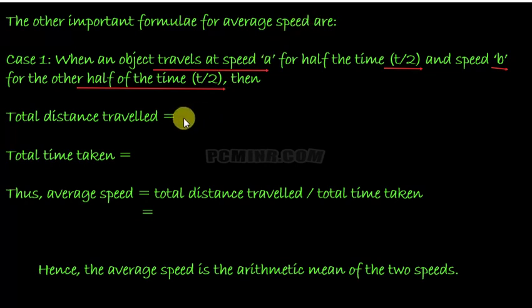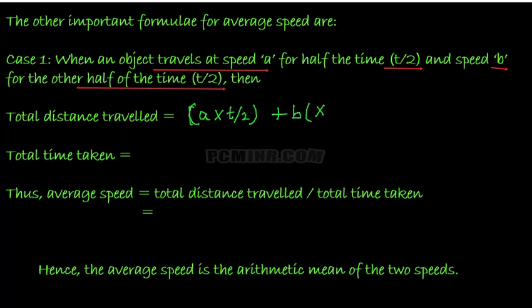First you need to find the total distance traveled. The formula for the distance is speed into time. A is the speed in the first half, so A into T by 2, plus B is the speed in the second half, so B into T by 2.